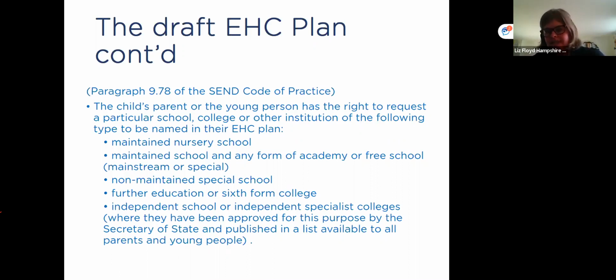And then there are Section 41 independent specialist provisions, and they are on a Section 41 list, which, it might sound complete gobbledygook, means that they've agreed to adhere to some elements of the Children and Families Act and the SEN Code of Practice, and they will take referrals from the local authority if they feel that they can meet need. So they still have to say that they can meet need in order for a child to be sent there.